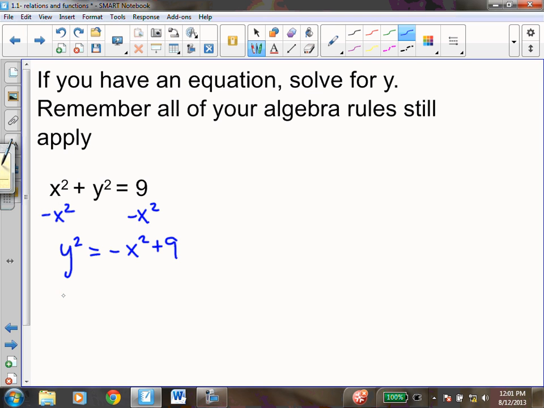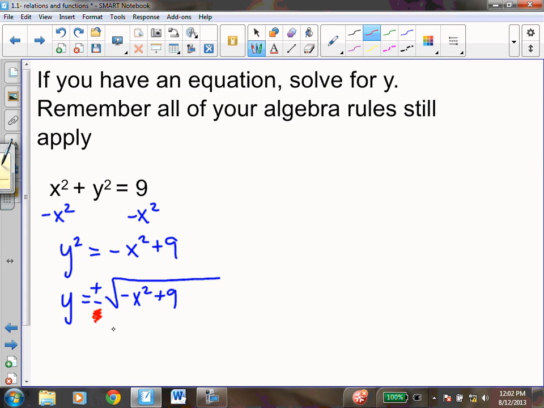Now y is not completely by itself. To get y by itself, I'm going to have to get rid of the square. To do that, I'll square root both sides of the equation. Now remember your rules of algebra. Whenever you square root both sides of the equation, you have to account for the positive and the negative value. So that's why we include the plus or minus.